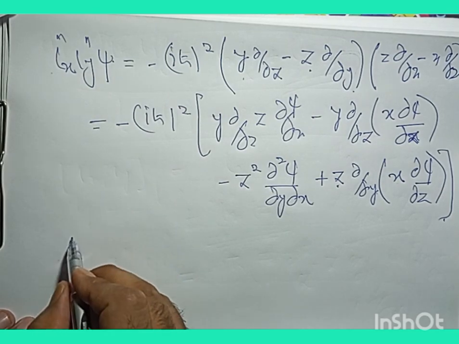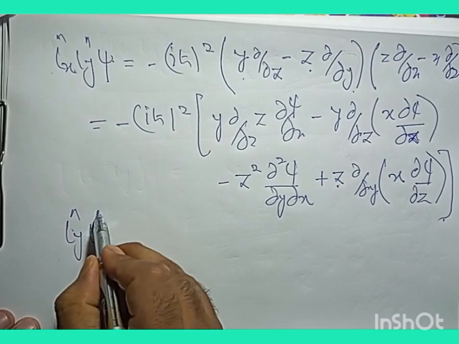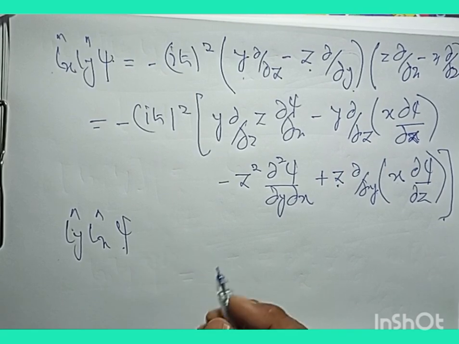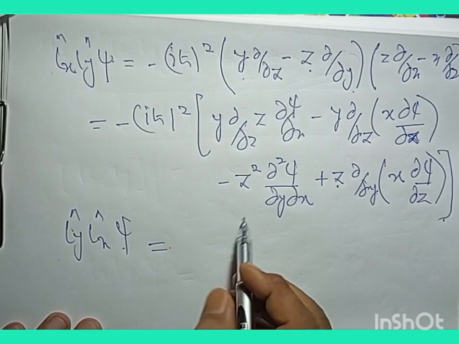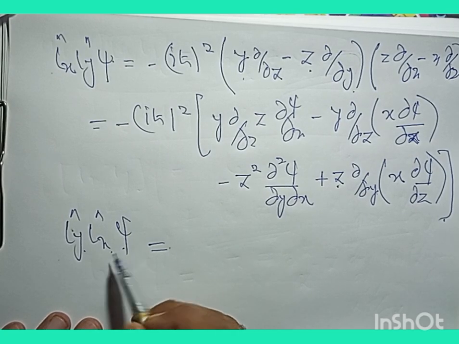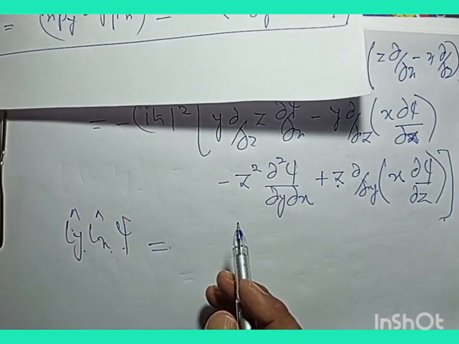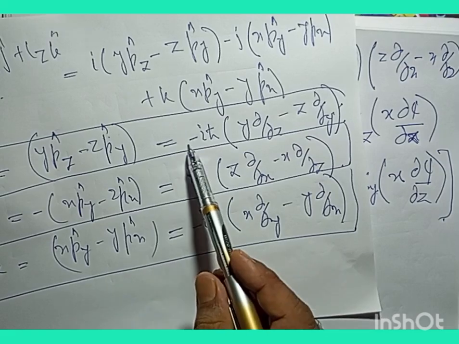Now we would like to calculate Ly cap, Lx cap of ψ. So we have to go with the Ly first, then we will go with Lx. So what is our Ly and what's our Lx? So Ly is this much and Lx is this much.